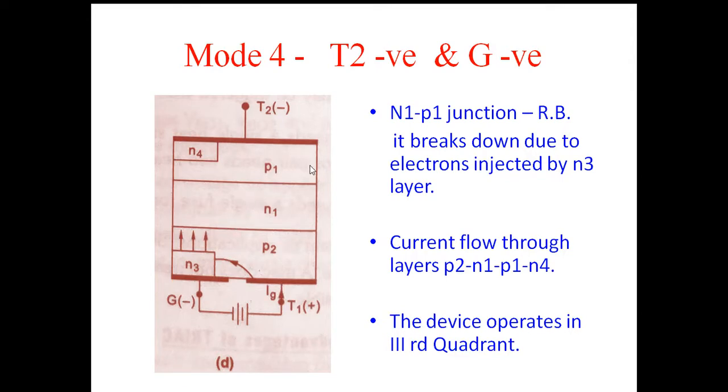At one stage, the N1 P1 junction will break down and the current will flow in this direction: P2, N1, P1, N4. Through these layers, the current will flow. Current will be flowing from T1 to T2 in mode 4.